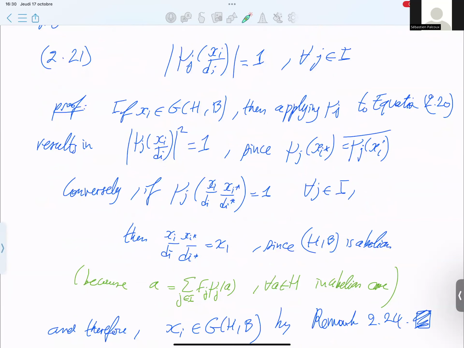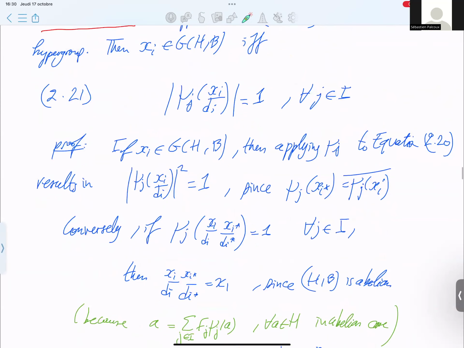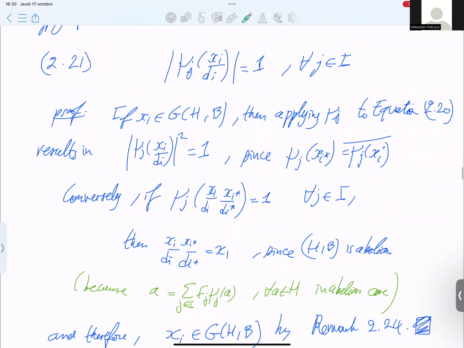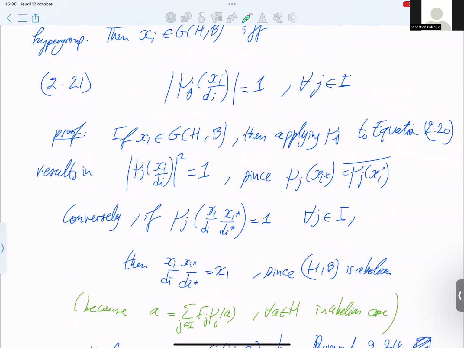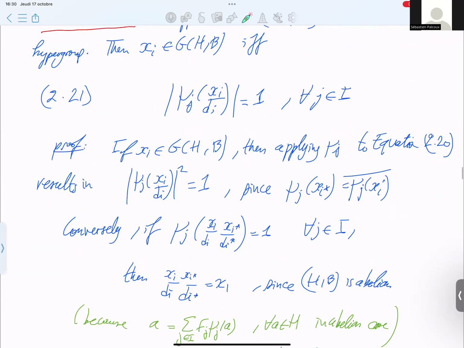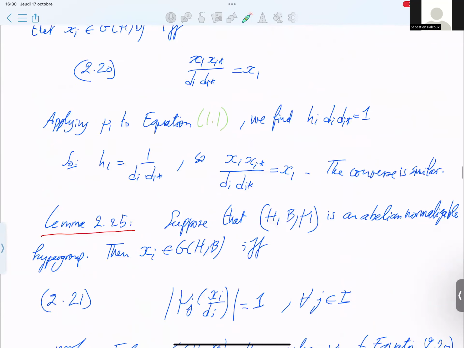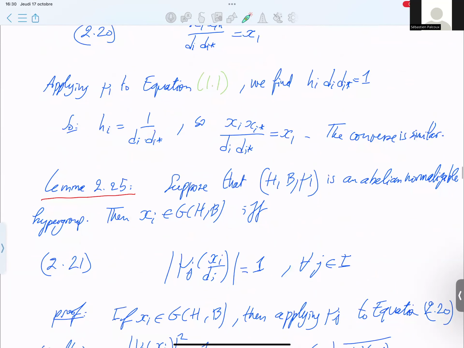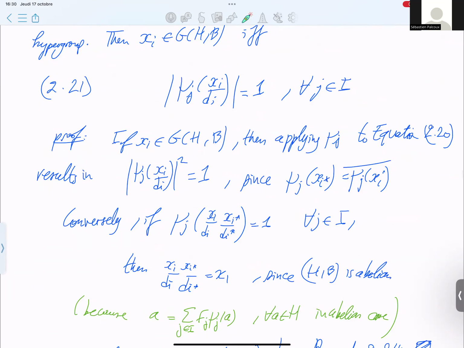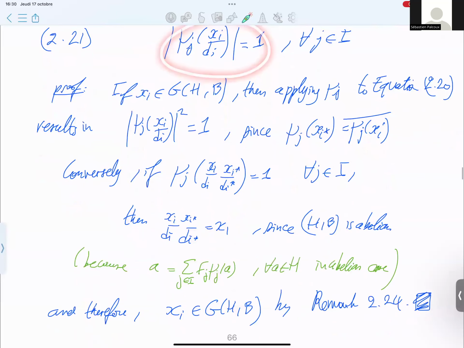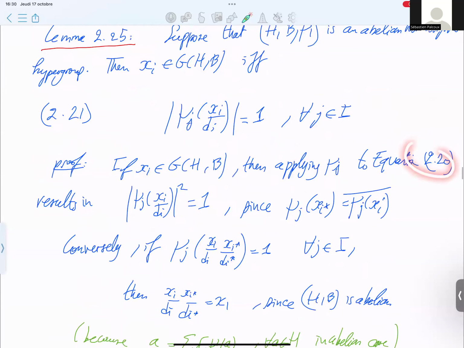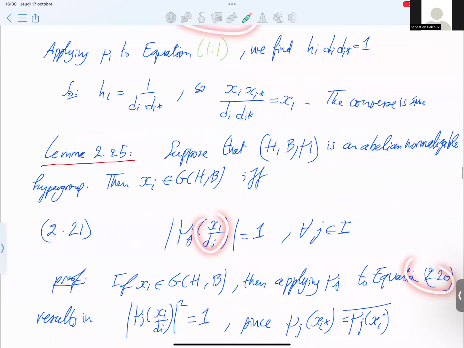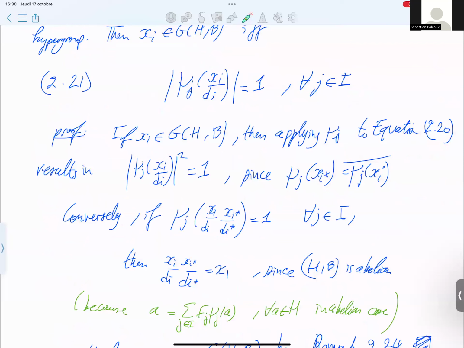The proof. You have an if and only if to prove. If you assume it is group-like, it means very close to the unit. So you apply this equality here, and this is a linear character, so it's an algebra morphism.